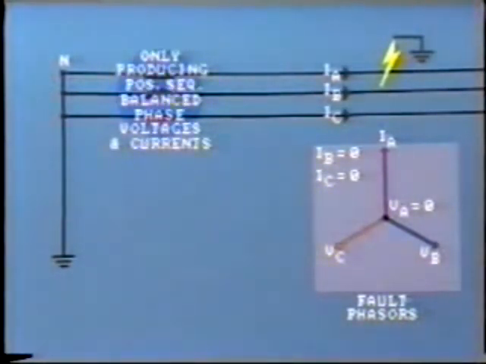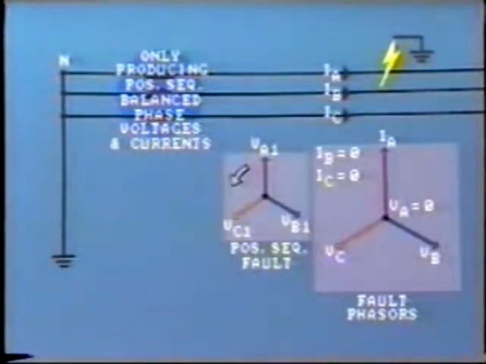The current in lines B and C is 0 in both cases, as system load is considered to be 0. Our phasor diagram shows that the system is completely unbalanced. The generator is still producing positive sequence voltages and currents, but at the fault, the positive sequence voltages fall to 2/3 of their pre-fault values.